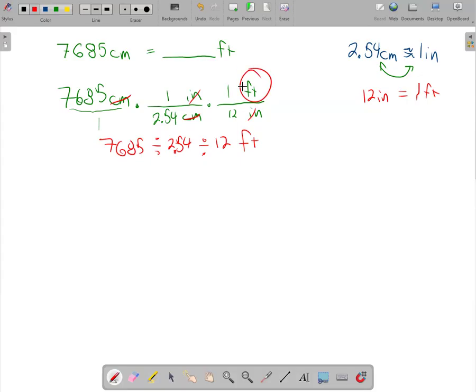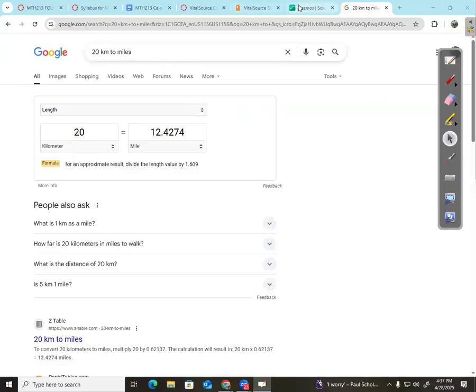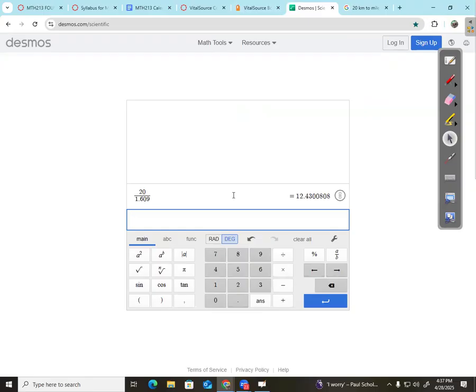So we'll do two things. We'll plug that into a calculator, see what we get, and then we'll just ask Google, see what Google says. First, Desmos. And Desmos is a little weird because it stacks fractions, so it looks a little different. 7, 6, 8, 5.